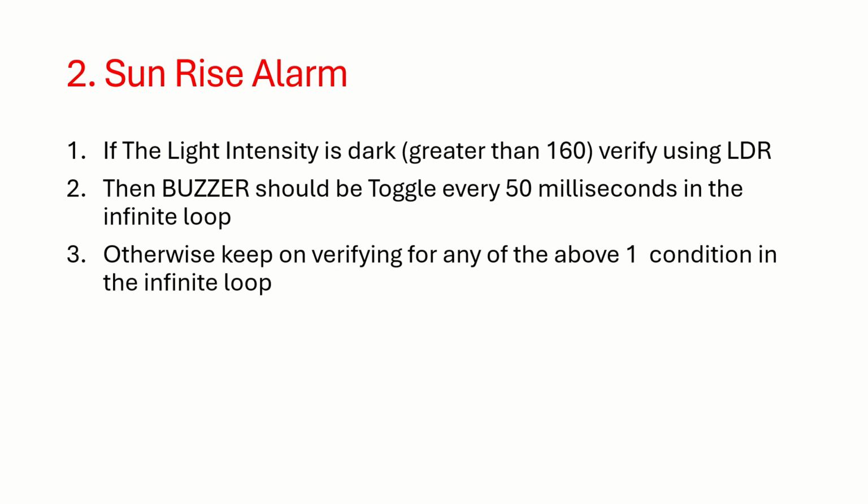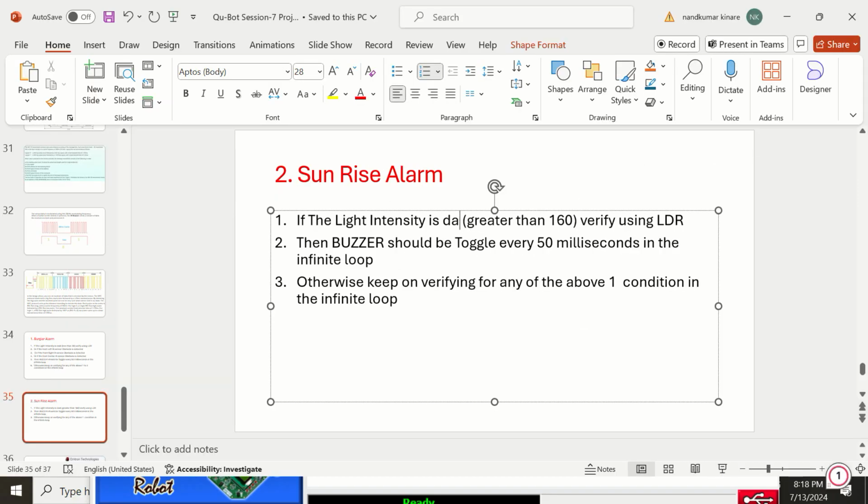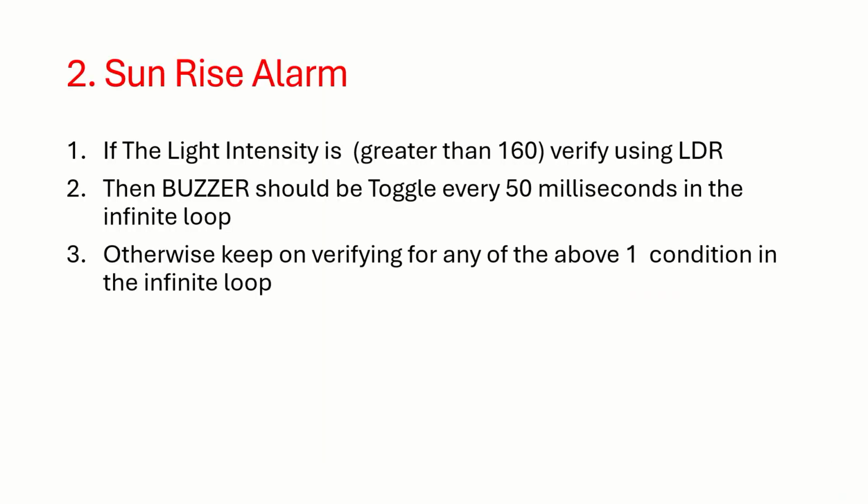In the previous project, we were looking for a dark value, right? This time we are looking for a bright one. There is a correction here. Intensity is greater than, let's say, 160.